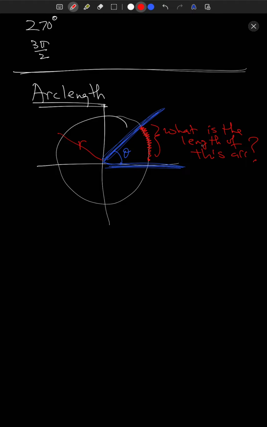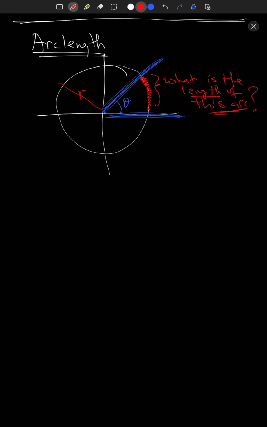That would be exactly the length of this arc. And the way we're going to figure this out is again through the idea of ratios. We're interested in this angle theta here. So how much of the circle does this theta represent?